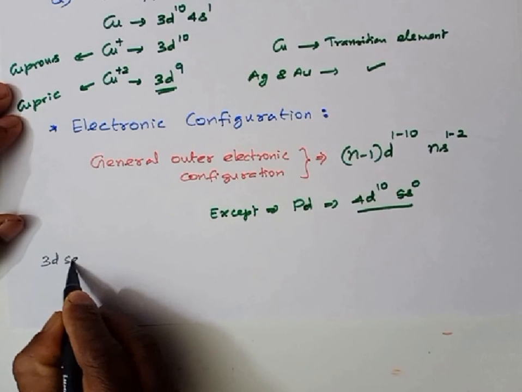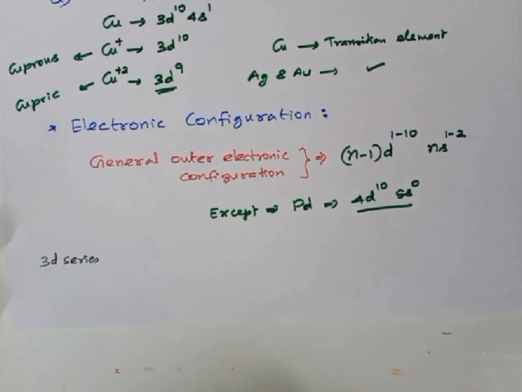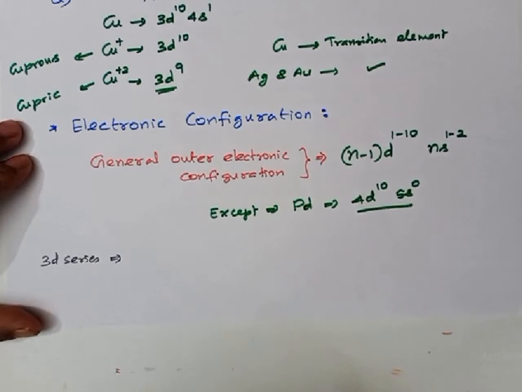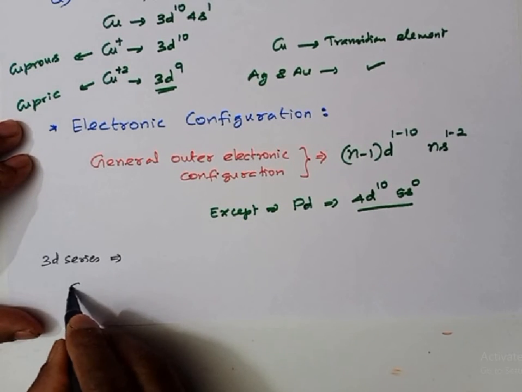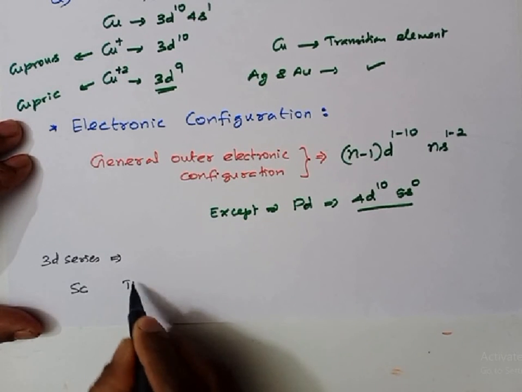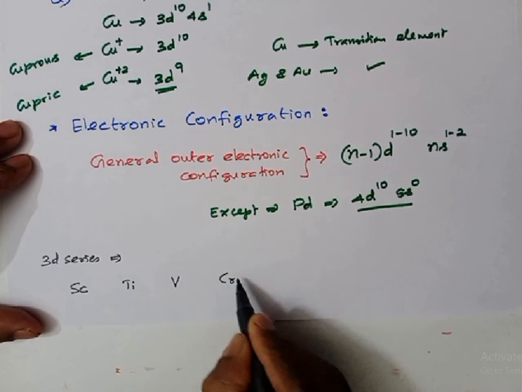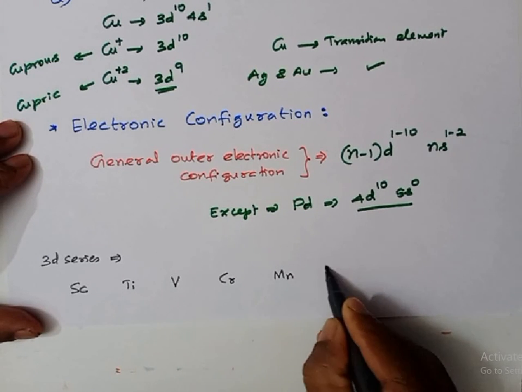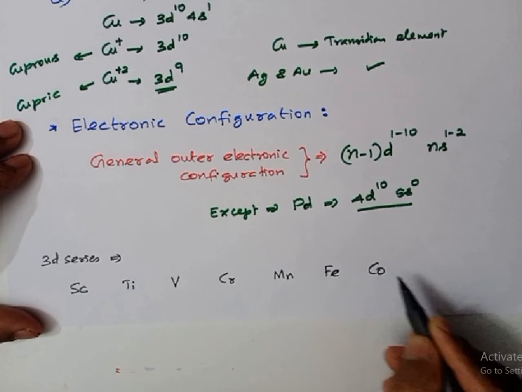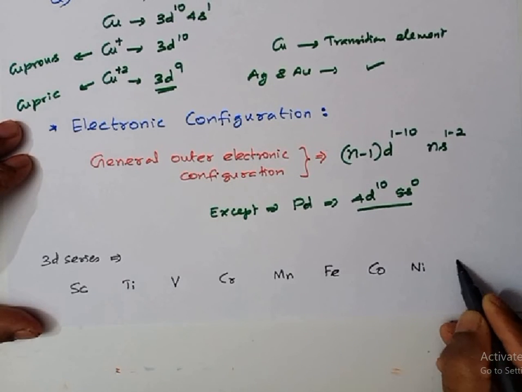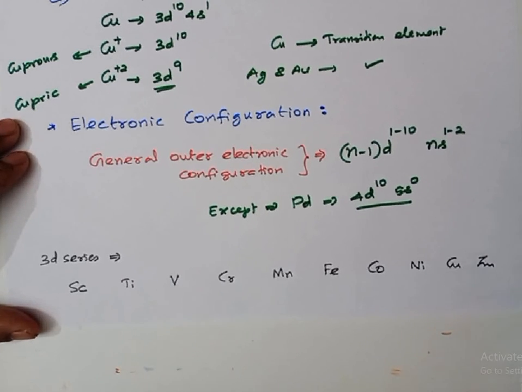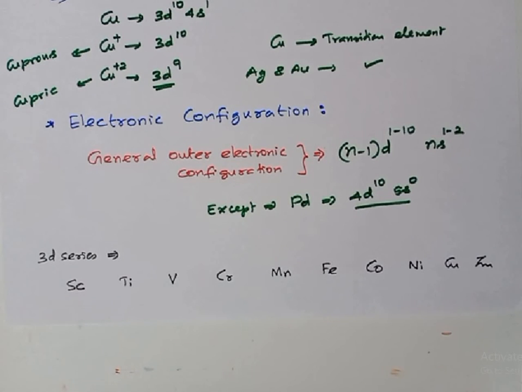So the 3d series. In the 3d series, we have elements like scandium, titanium, vanadium, chromium, manganese, iron, cobalt, nickel, copper and zinc. These are the elements present in the 3d series.